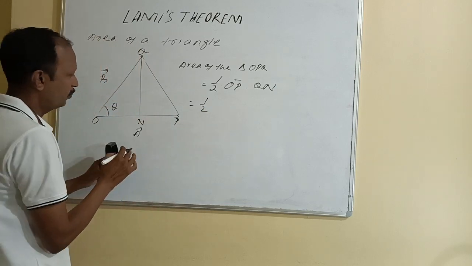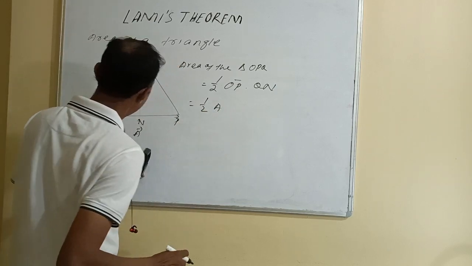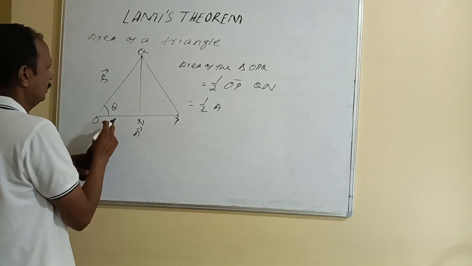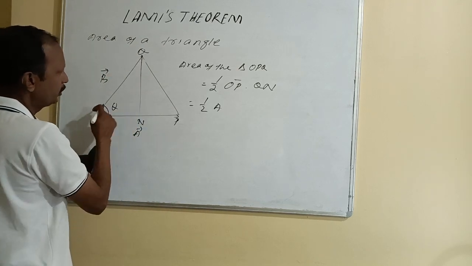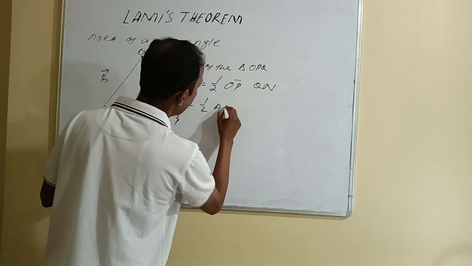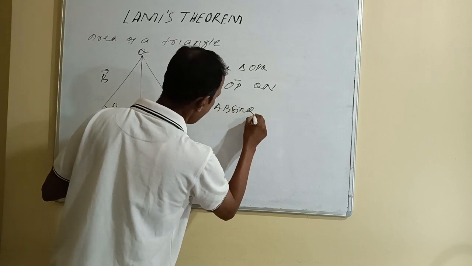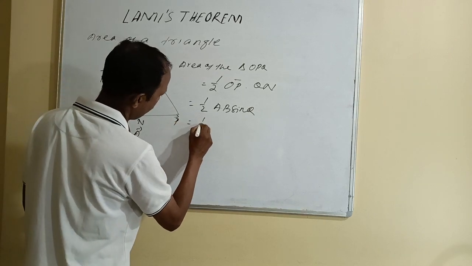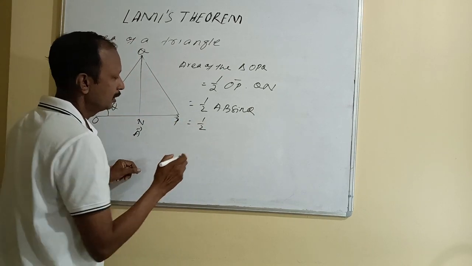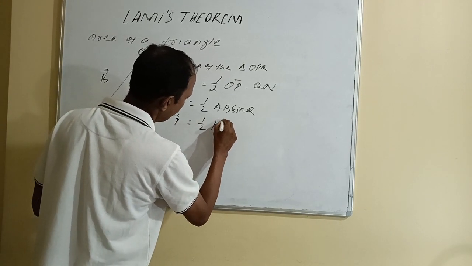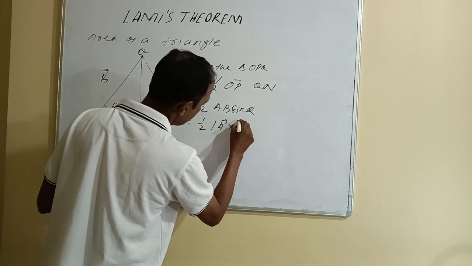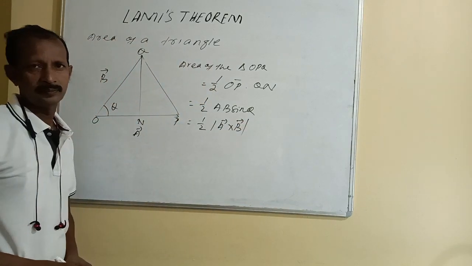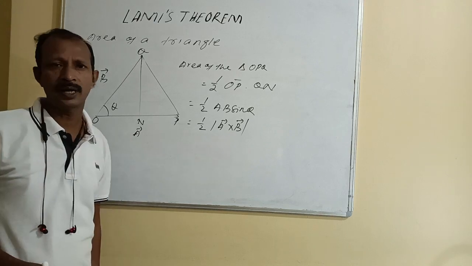In place of OP, I can use A, and in place of QN, I can use B sine theta. So I can write this is half the magnitude of A cross B. Clear? This is the area of the triangle.